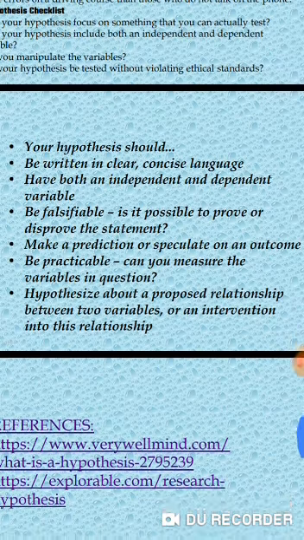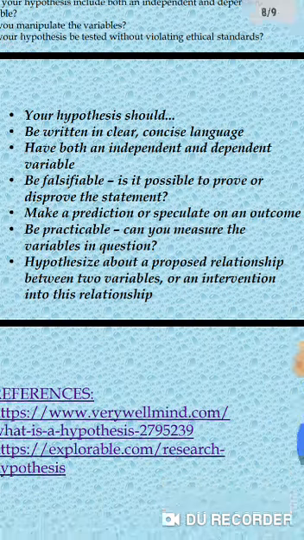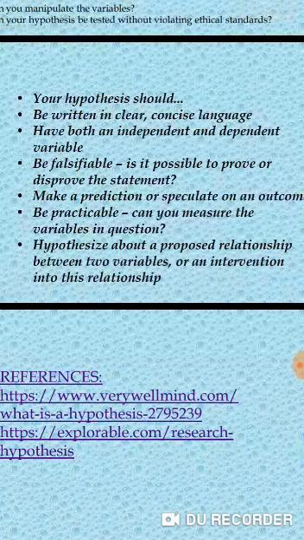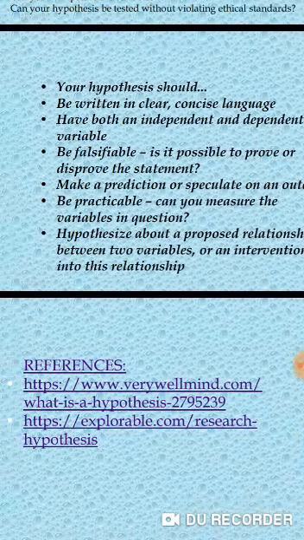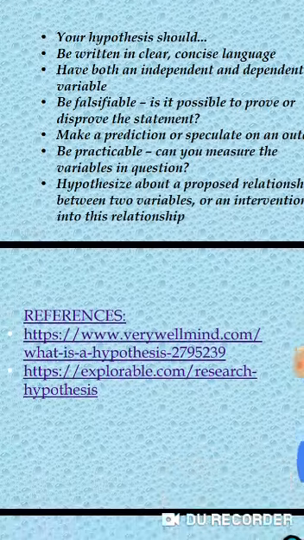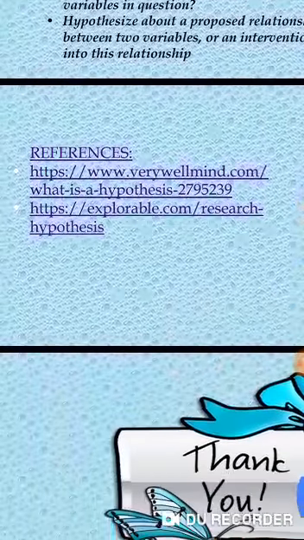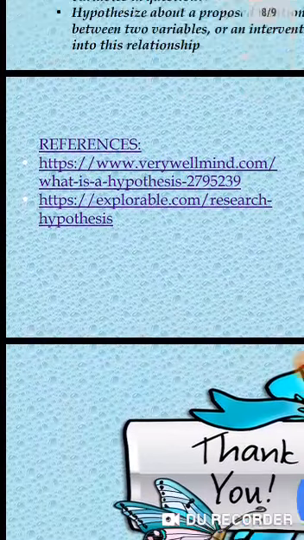Can you measure the variables in question? You should be practical in developing a hypothesis. Then, hypothesize about a proposed relation between two variables or an intervention into this relationship. These all should be included in a hypothesis you develop. Then we can say that it is a good hypothesis, based on the experiment.